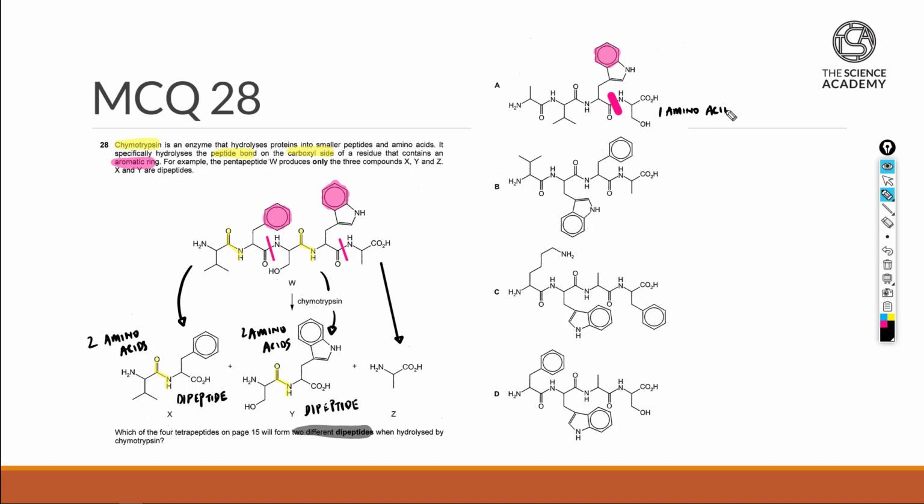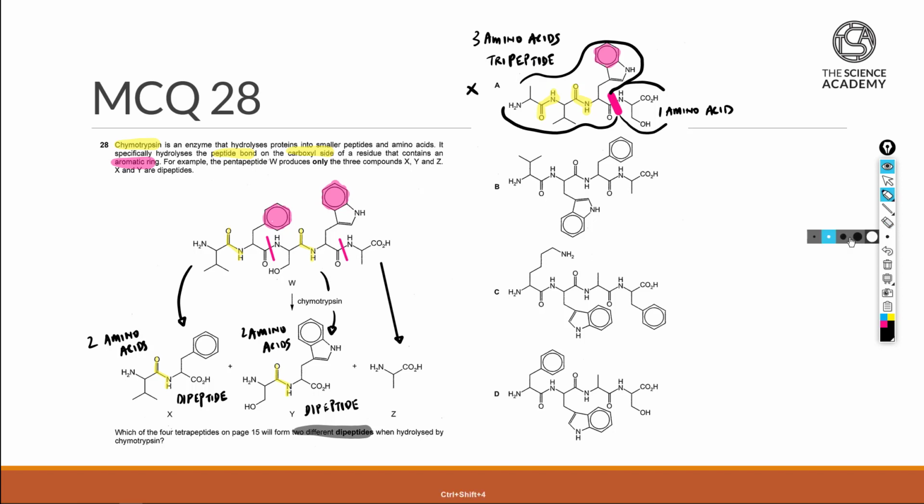So this is definitely not considered to be a dipeptide. But the remnants over here that's left behind actually contains one as well as two peptide bonds. And from that, there are three amino acids, meaning that for A, we're left behind with a tripeptide. This is not what we are looking here for, so A is out.